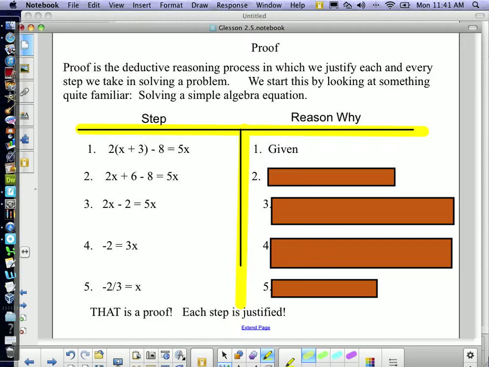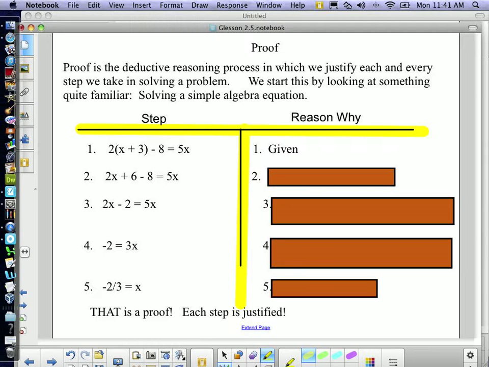This is a format we're going to be using all year. Because we're not just solving equations now, we're proving equations by justifying every step along the way, one step at a time. This really forces you to slow down and just do one step at a time.